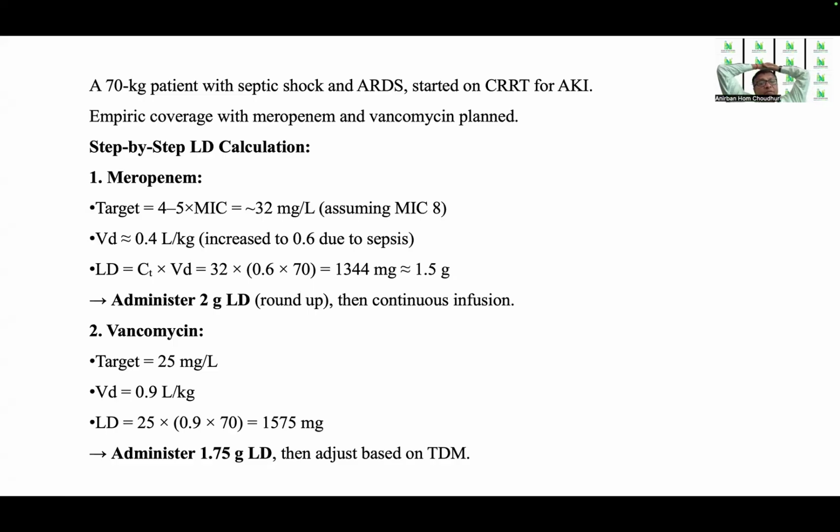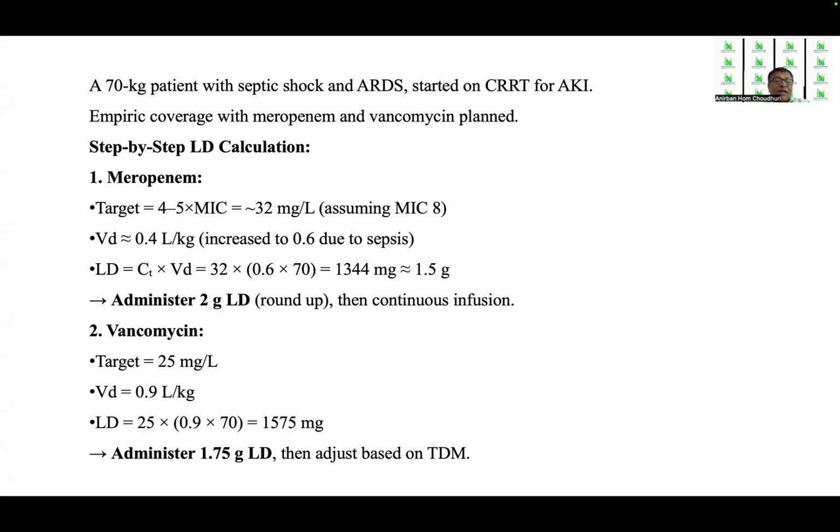So target being 4 to 5 times the MIC, and if we assume an MIC of 8, the target has to be 32. The volume of distribution is 0.4 liters per kg, which can increase to 0.6 per kg in patients with sepsis.